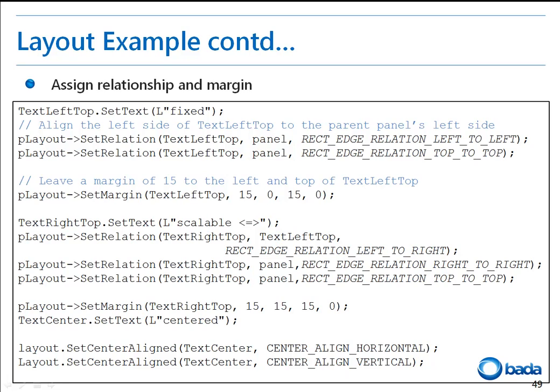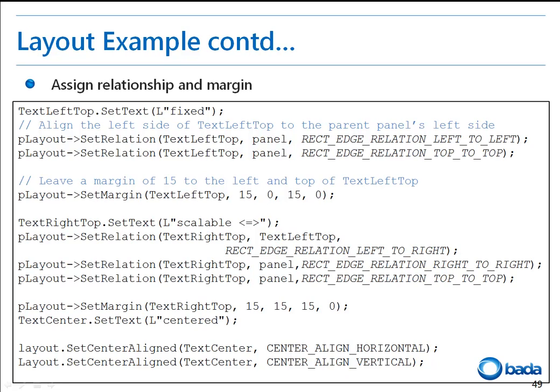The setRelation method sets the relationships with respect to the other controls. For example, RECT_EDGE_RELATION_LEFT_TO_LEFT says that the left edge of the source control is aligned with the left edge of the target control.